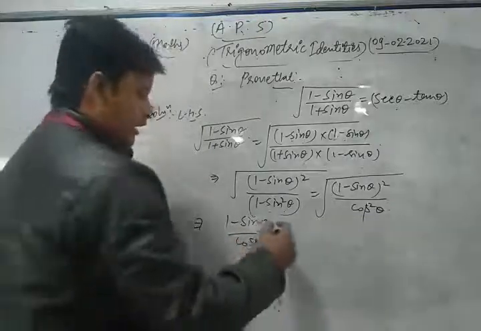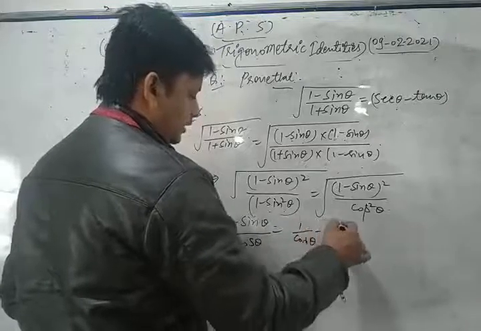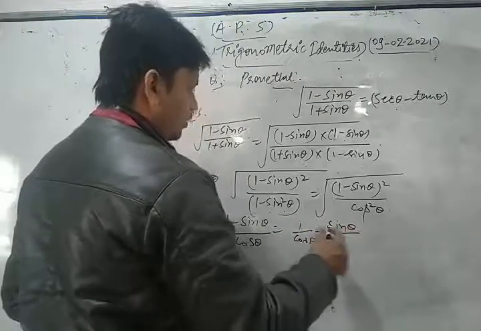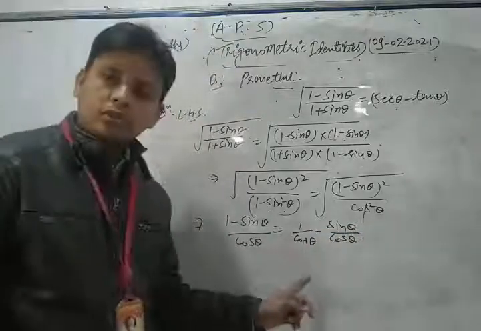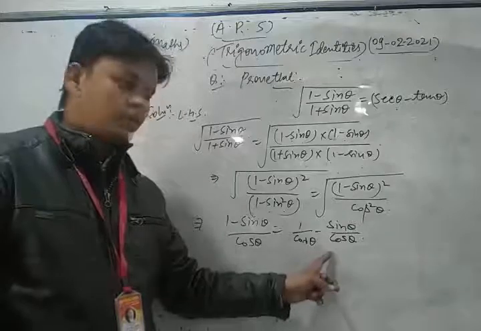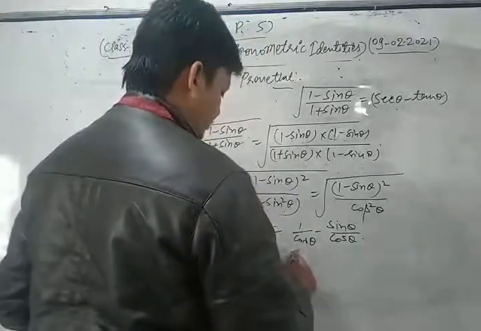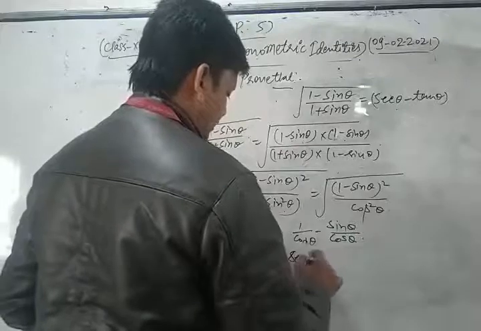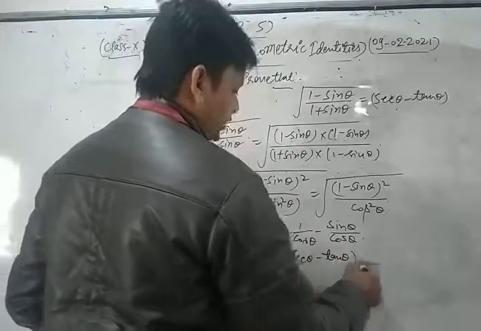Now we can write this as 1 upon cos theta minus sin theta upon cos theta. Okay, 1 upon cos is sec theta, and sin upon cos is tan theta. So we write sec theta minus tan theta. This is your RHS.